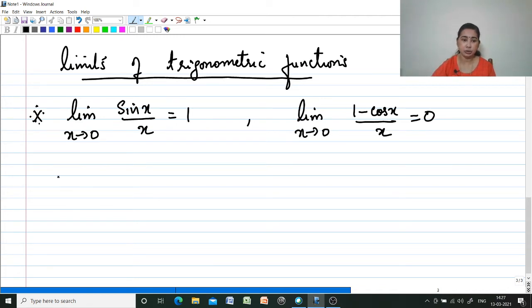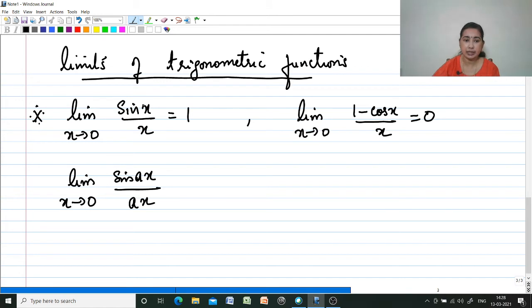Then I'll show you some examples for this. Suppose instead of sin x, it is sin ax, limit x tends to 0, sin ax by ax. Here it is sin x by x, where x tends to 0.